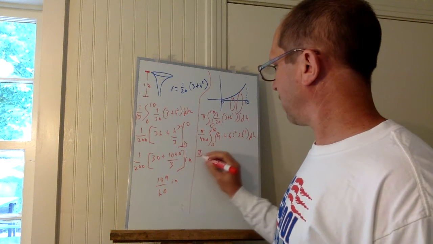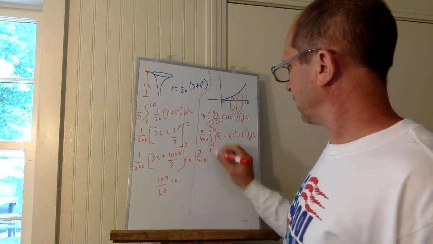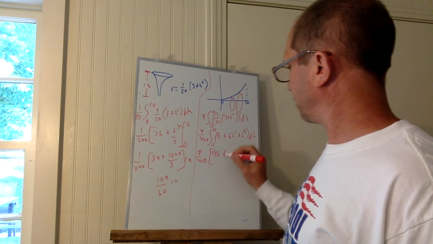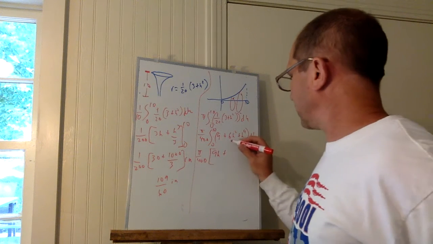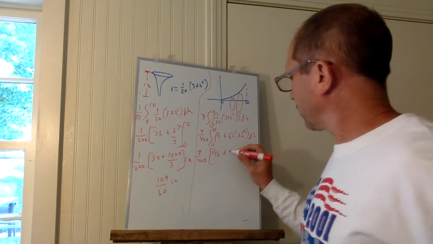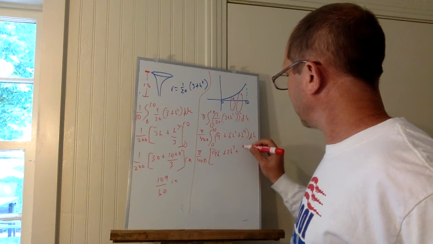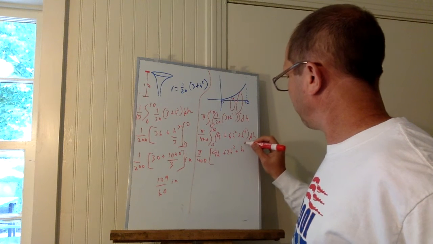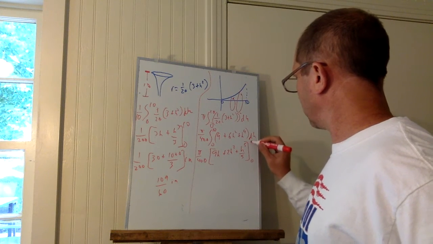So pi over 400 times 9h plus 6h cubed over 3, which would just be 2h cubed, plus h to the 5th over 5, and we are again going from 0 to 10.